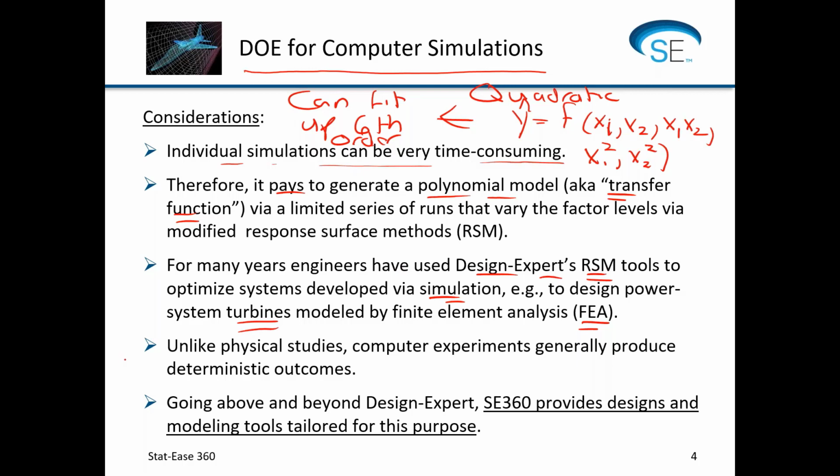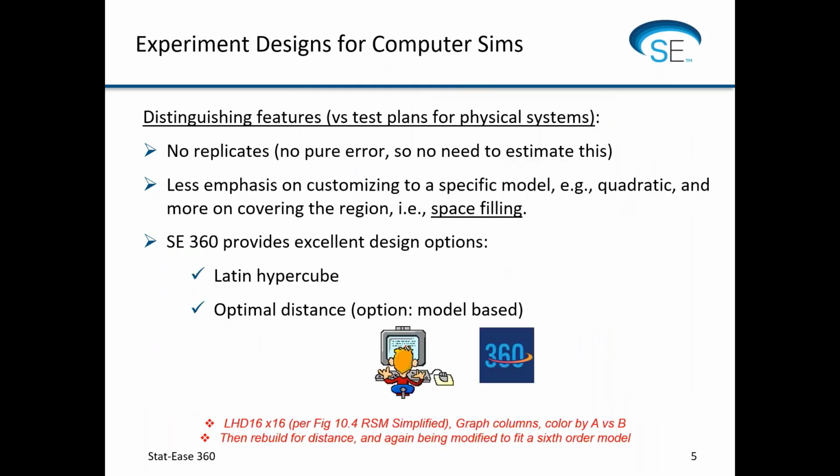However, it is a little bit odd when you have a deterministic outcome to be applying tools that are meant for variation. And so then going above and beyond Design-Expert, our programmers developed more specific tools to get better designs that are more space-filling, and then tools to model, which are the Gaussian process models.